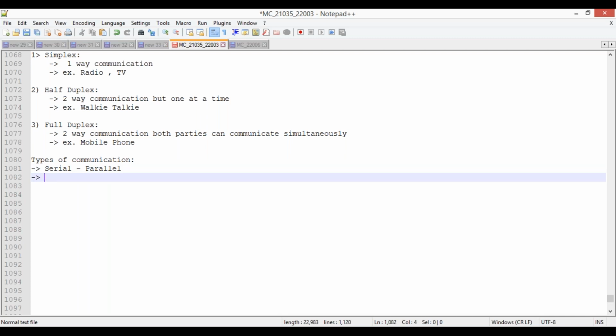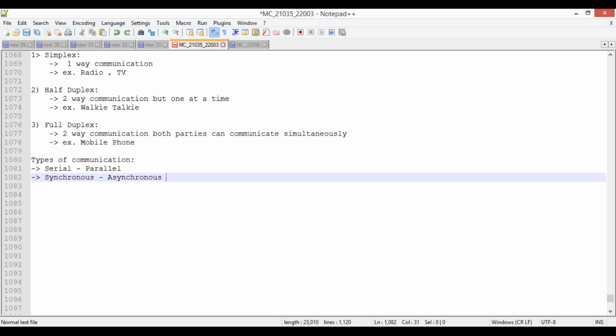You can have synchronous. Give me a pair. Synchronous and asynchronous communication. What else? Are there a lot of types?